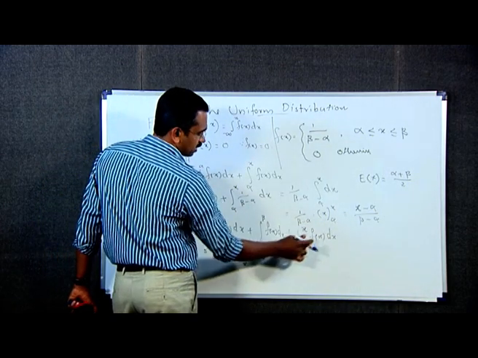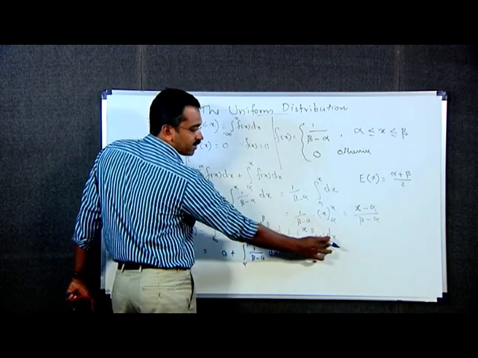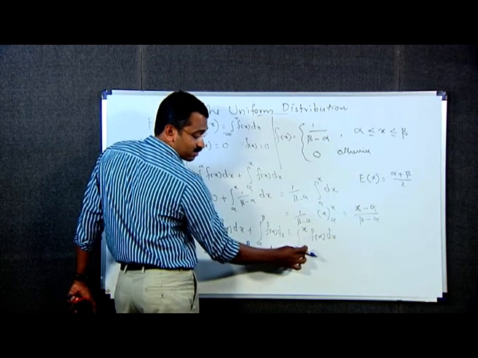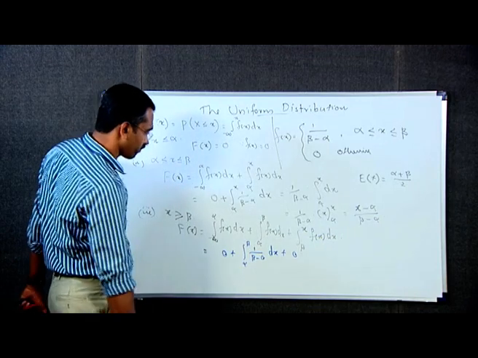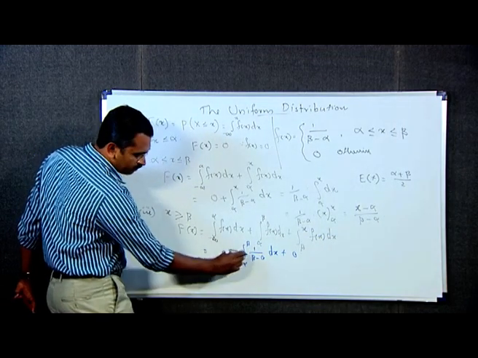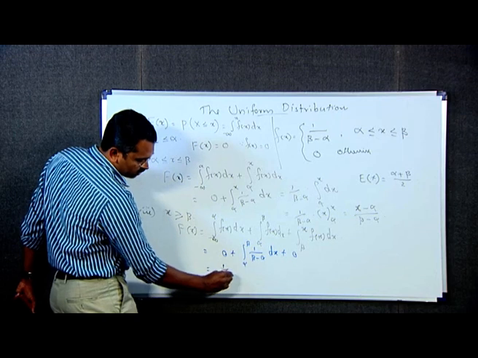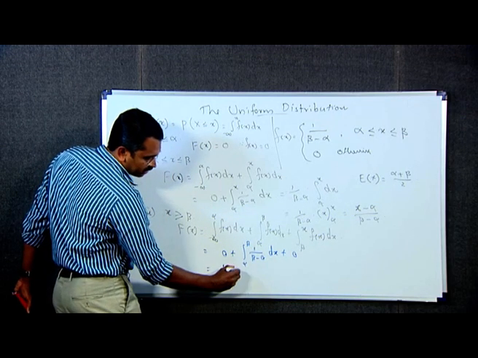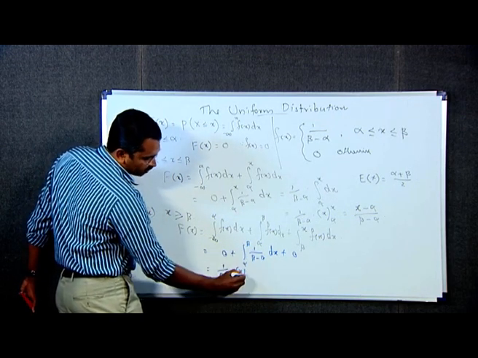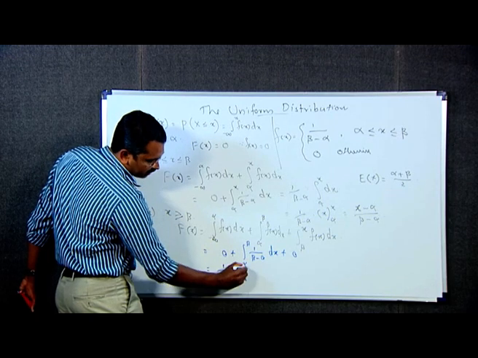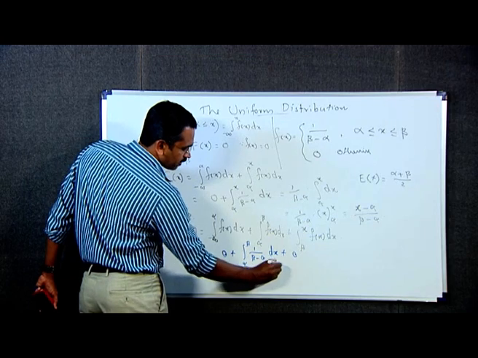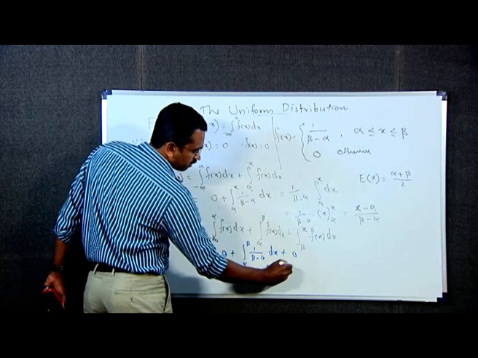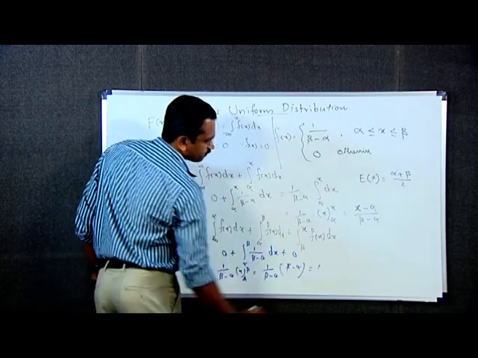In this case, the function is defined as 0, that is the limit of x is greater than beta, means f of x is defined as 0. Therefore, this is equal to 1 by beta minus alpha into, on integration we get x between the limits alpha and beta, that is 1 by beta minus alpha into beta minus alpha, which is equal to 1.